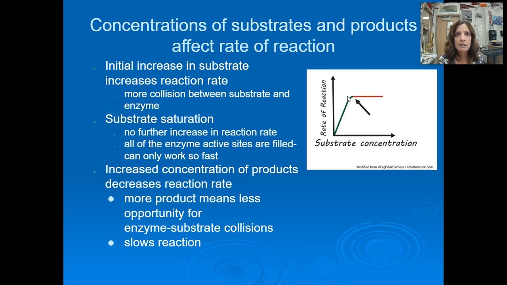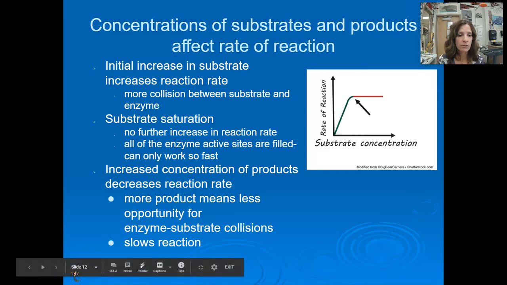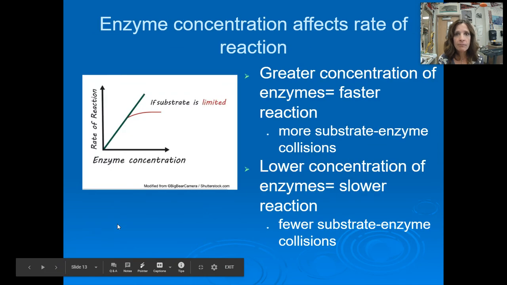So your enzyme is going to be filled with substrate, and if you add more substrate, it's not going to matter because your enzyme can only work so fast to break that substrate down. If you increase concentration of the products, then there's going to be less opportunity for the enzyme to hit a reactant, and so that'll actually slow the reaction down as well.